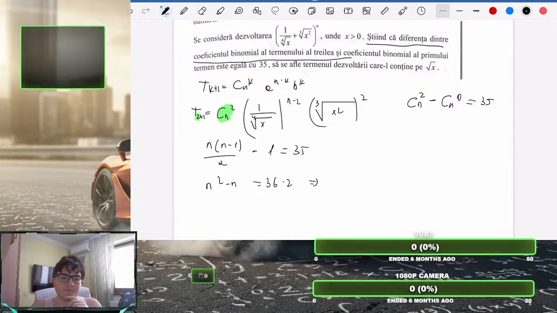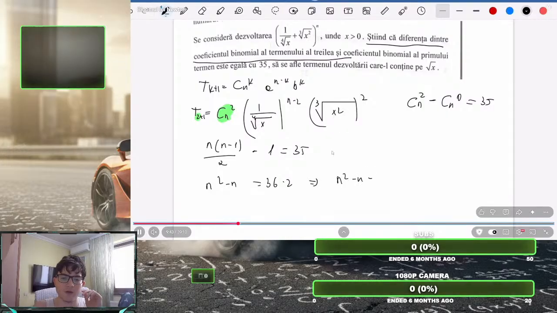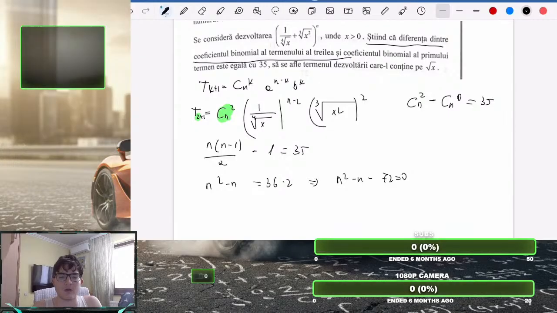Okay. So that's 36 times 2. So it's 72. So n squared minus n minus 72 equals 0, so basically quadratic. And we can solve from here. This quadratic thing.